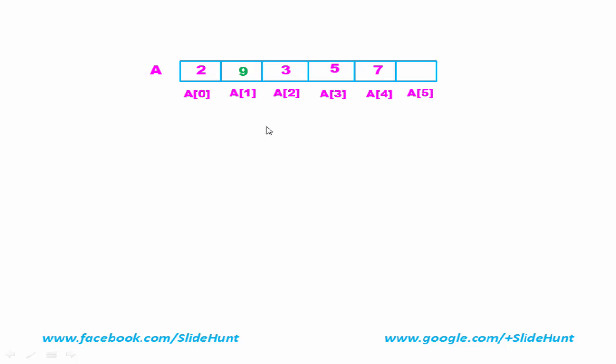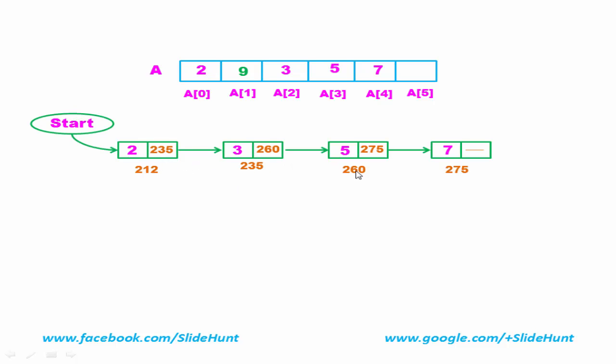We can avoid the shifting problem by using a linked list. Let's see how to do it. Suppose this is a linked list and we want to insert this node after the first node. To insert a node in a linked list, we just need some address changing. In the address field of the first node, give the address of this node.